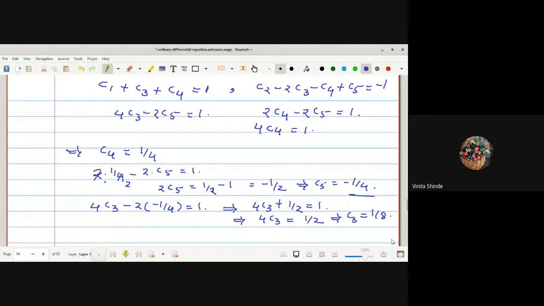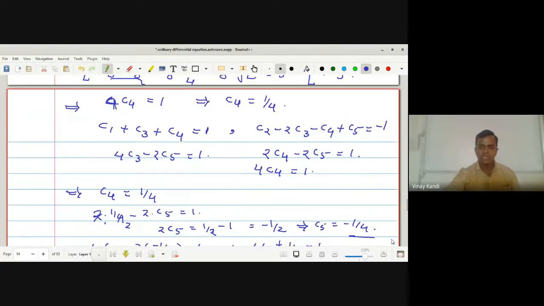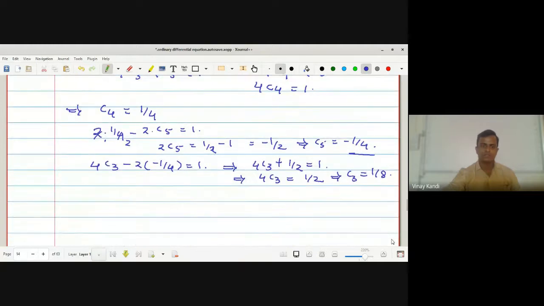Yes sir. आता C3 मिळाला, C5 मिळाला, C1 काढा. ओके, what we get here? C1 plus C3. C3 1 by 8. C5 is minus 1 by 4, which is equal to 1 आहे. Which implies C1 is equal to 1 by 8 minus 1 by 4. किती येणार हे?